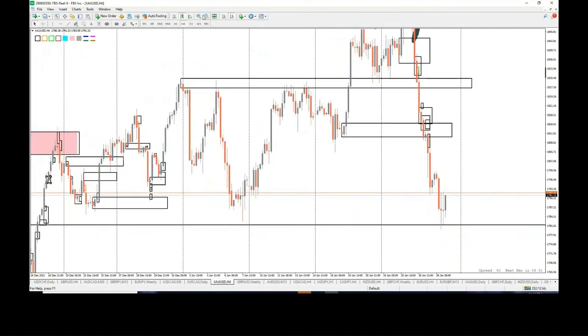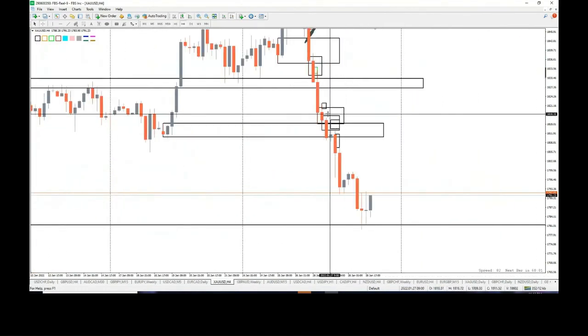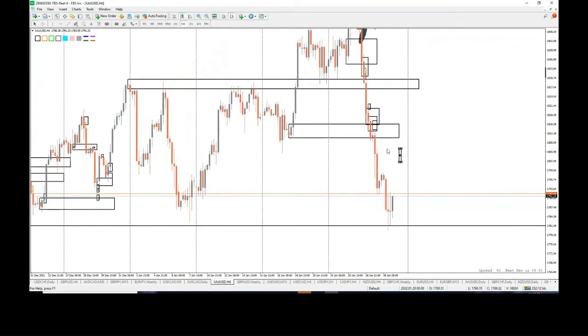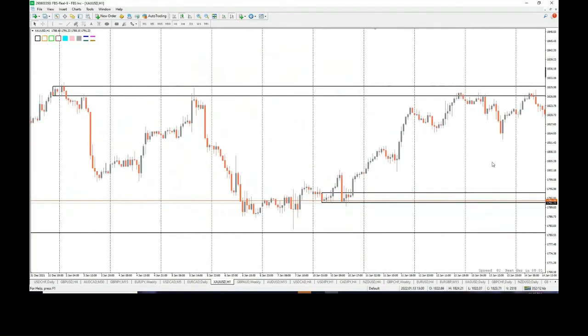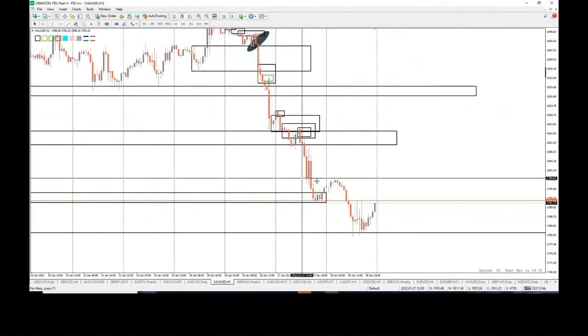You can see it. Because this zone is break, the price continues to the next H4 zone, which is this one. So along the way going down there, we just sell.